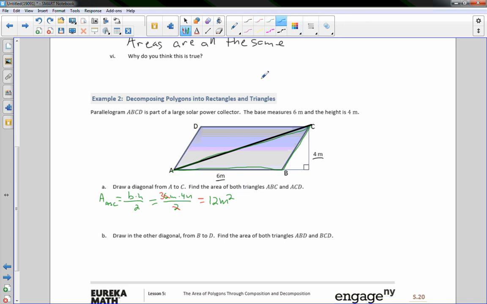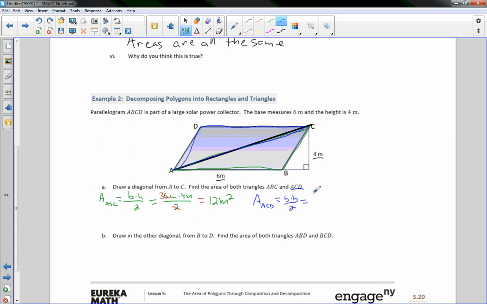The other triangle is ACD. So if I go from A to C over to D, that is this triangle up here. It's this piece here. So the area of triangle ACD equals the base times the height divided by 2.